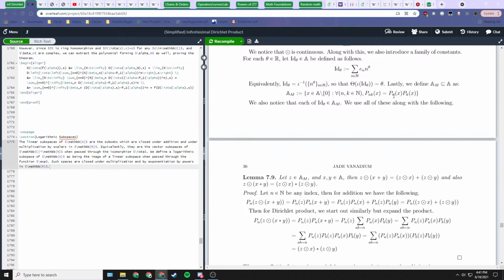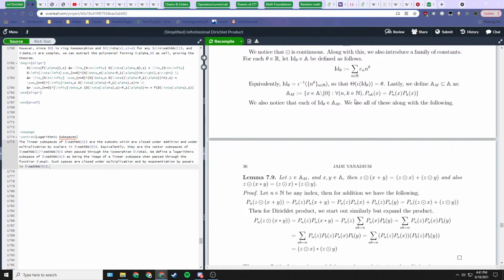So if n and k are coprime, they have no divisors in common. Just to be clear, that space of sequences in A is called the multiplicative sequences, and these ones are called the completely multiplicative sequences.